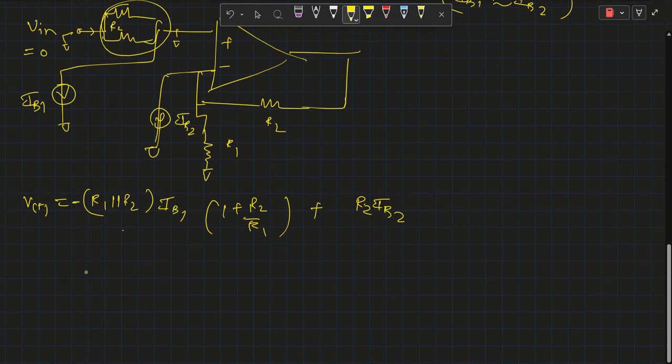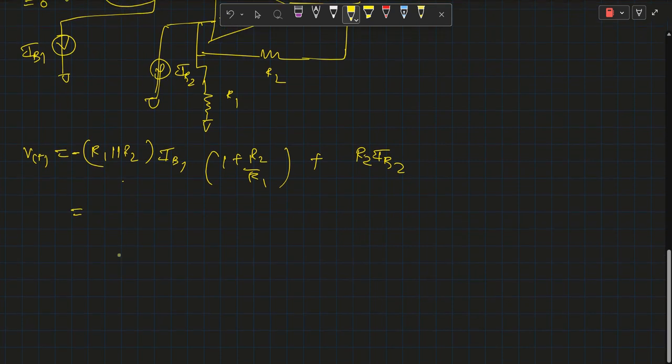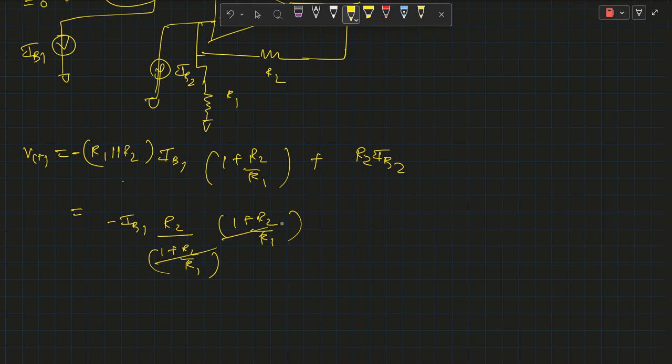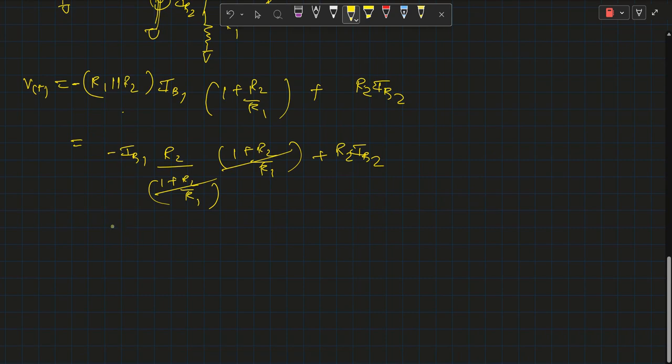So I am writing this R2 IB2. After expanding this equation, I am getting IB1 R2 times R1 plus R2 by R1. If you solve this, you will eventually get to this equation, and this will cancel out, and this is R2 IB2, and we will get IB1 R2 plus R2 IB2.